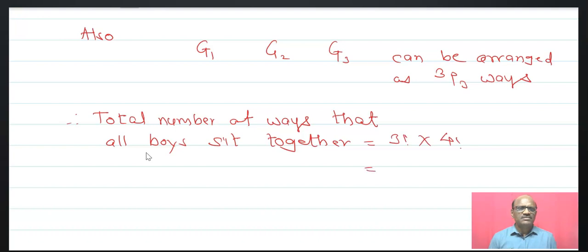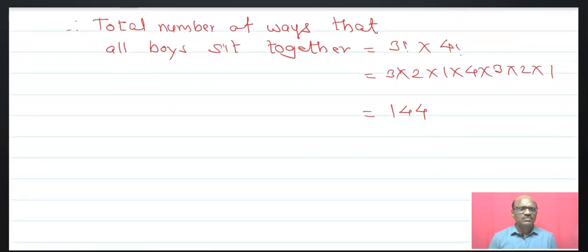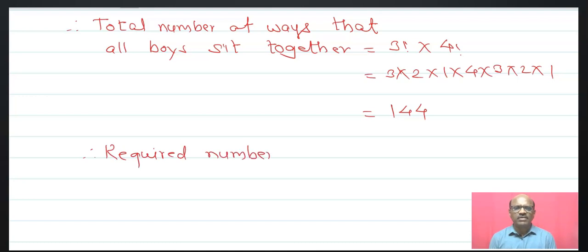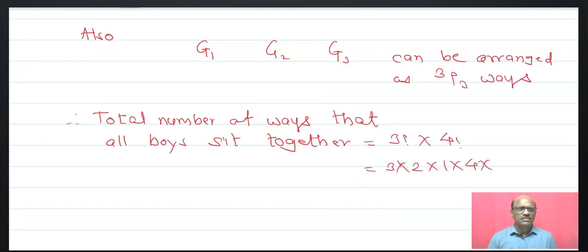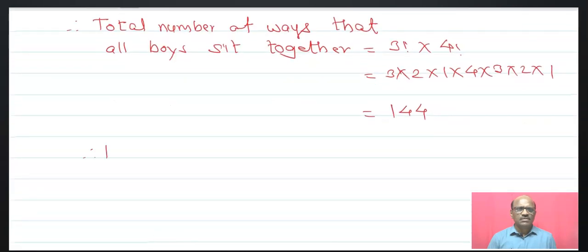Therefore, 3 factorial into 4 factorial, that is equal to 144. Therefore, the required number of arrangements is 144 ways.